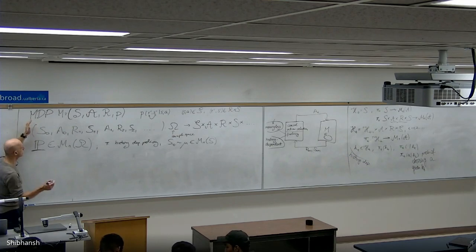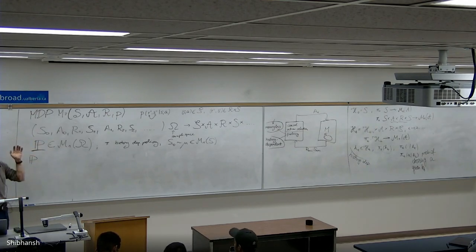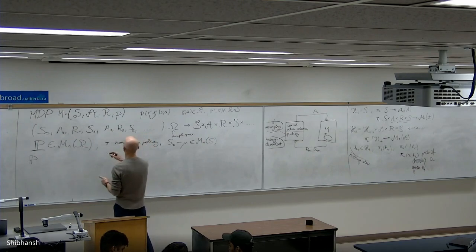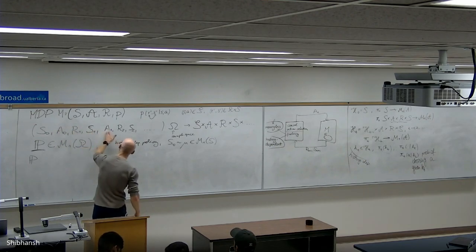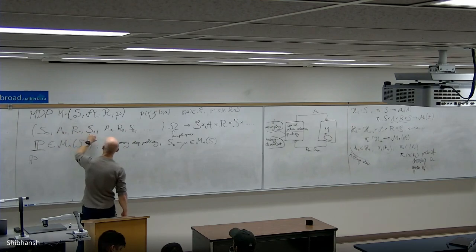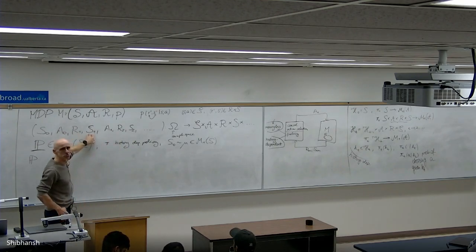So how do you specify a probability distribution? It's an infinite sequence, so let's cut it at some time t. Where do we cut it? After the actions, after the rewards, after the states?